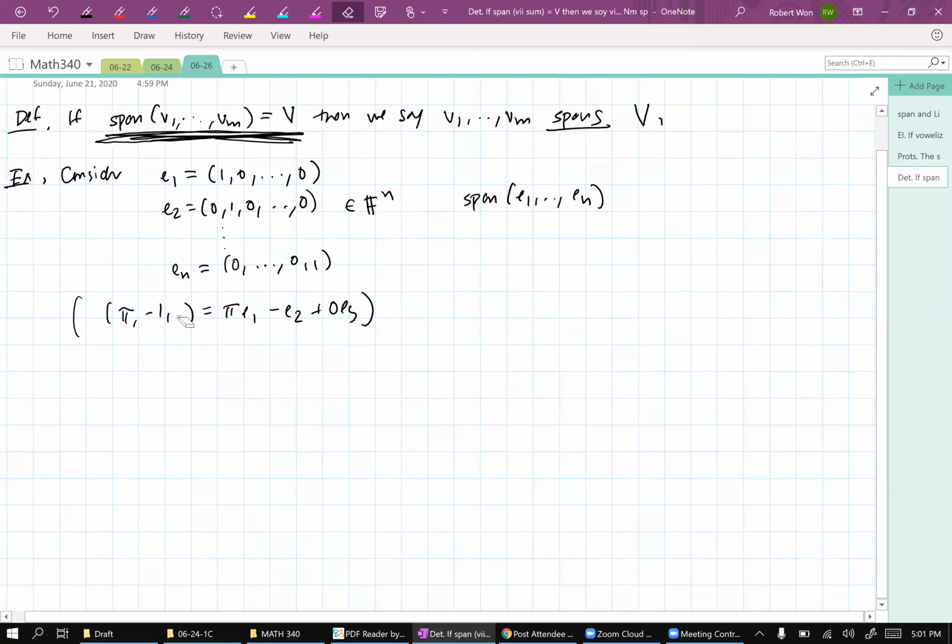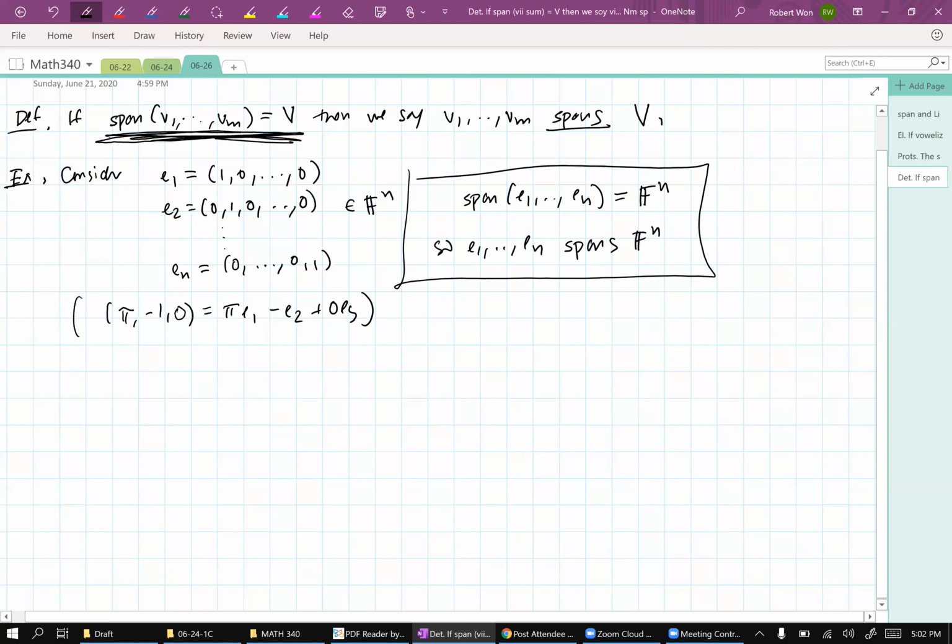No matter which vector you want to get, you can pick the coefficients on your standard basis vectors such that you get that vector. So the span of these vectors is equal to all of F^n. Or you could say that the set E1 through En spans F^n. So these are the two statements you can make using the word span, one as a noun, one as a verb.